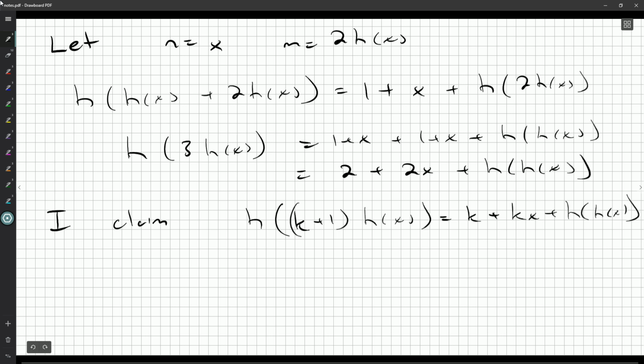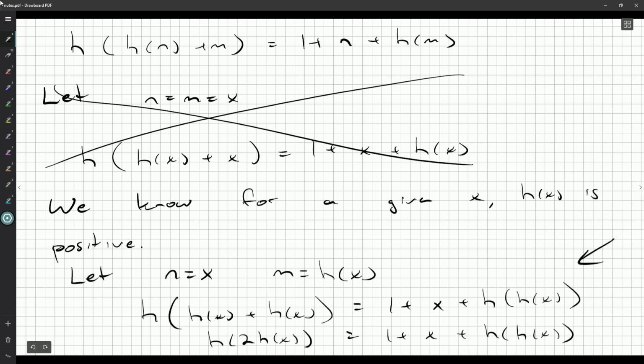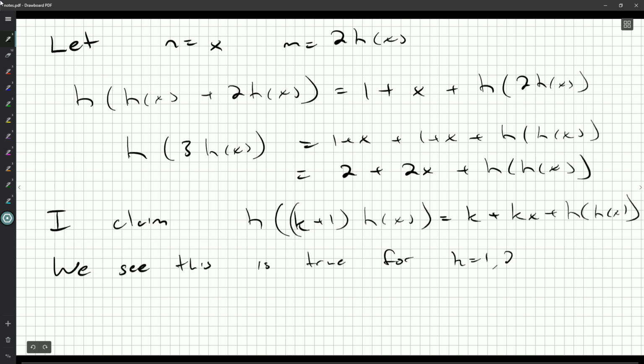Okay, so we see this is true for k equal to 1. We did that over here. And 2. So these are nice little base cases. You would just do a quick induction.